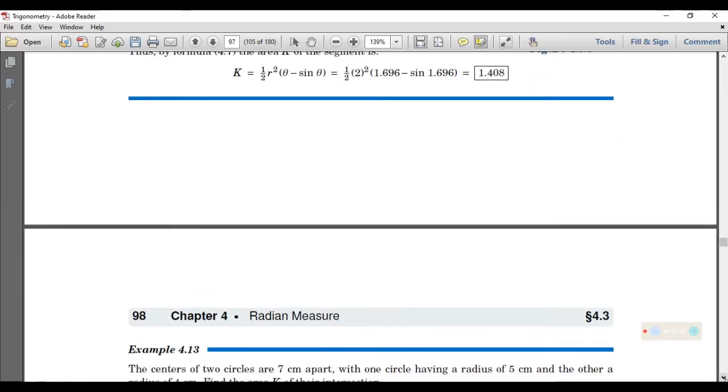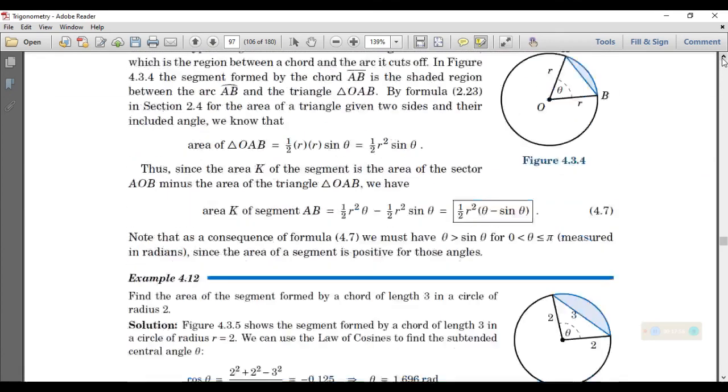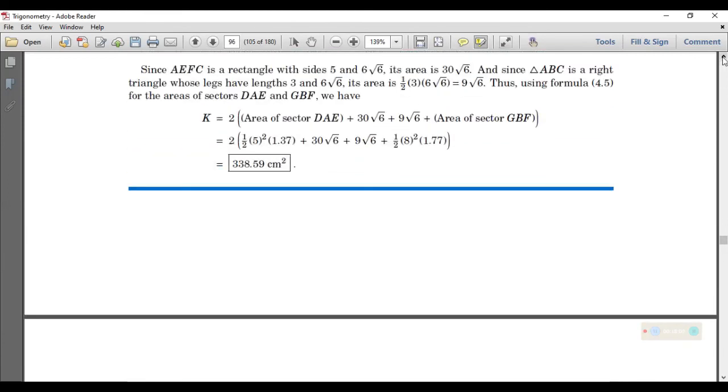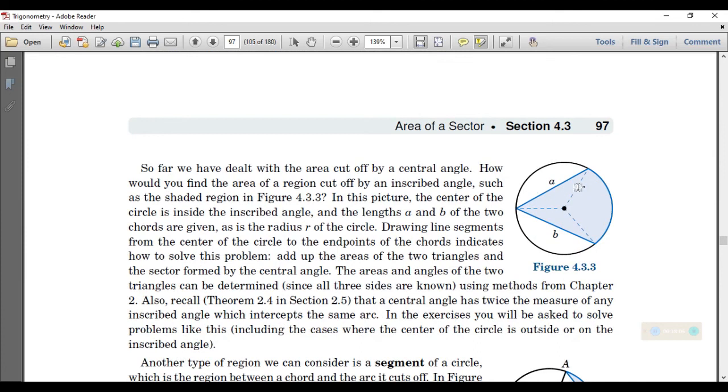And then, next time, we are going to discuss the areas of circles. Those are no longer just sectors, no longer just bounded by a central angle. What about an inscribed angle, where the vertex lies on the circle too?